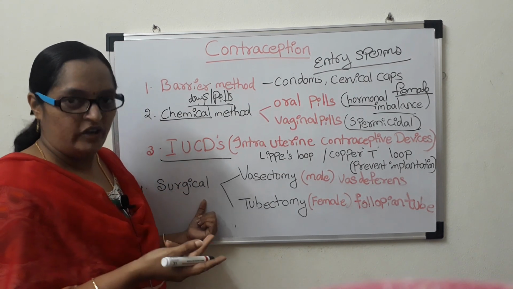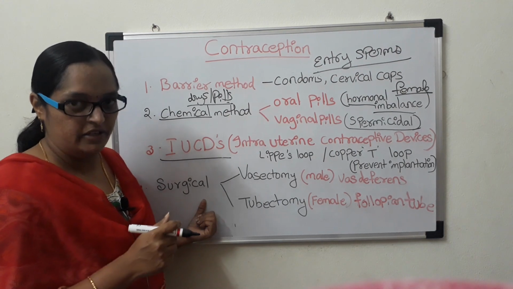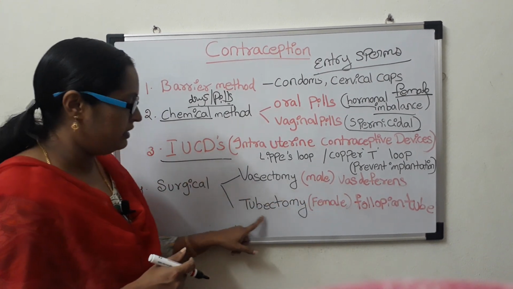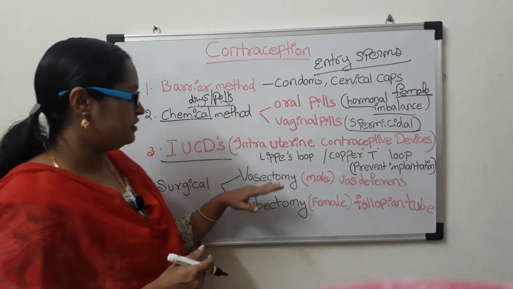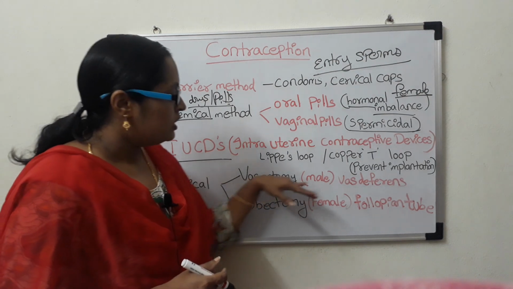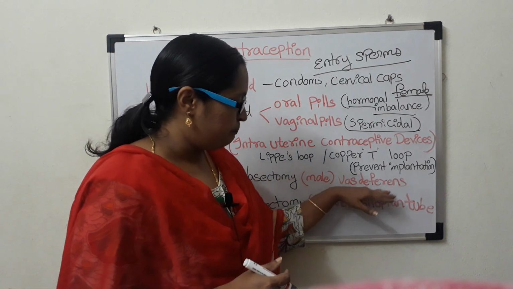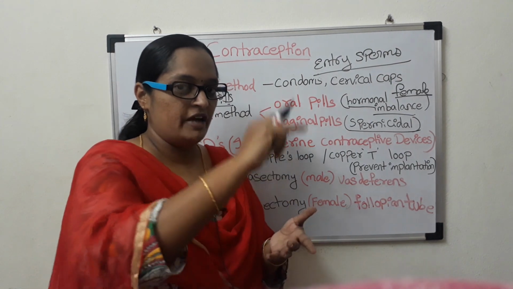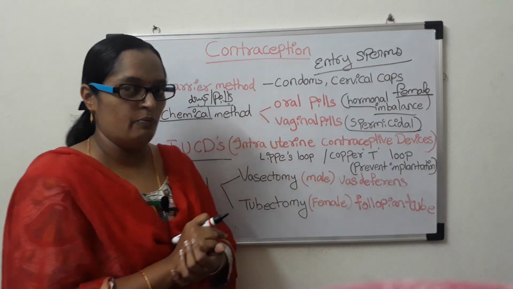We can see it in 2 ways. Two types of surgeries: vasectomy in males, tubectomy in females. First we will see vasectomy. In the male reproductive system, the vasa deferens are the tube-like structures which transfer the sperm in the male body.